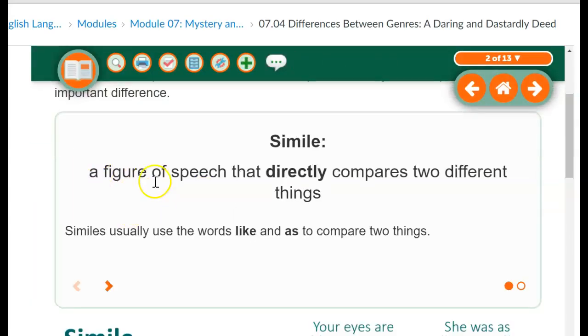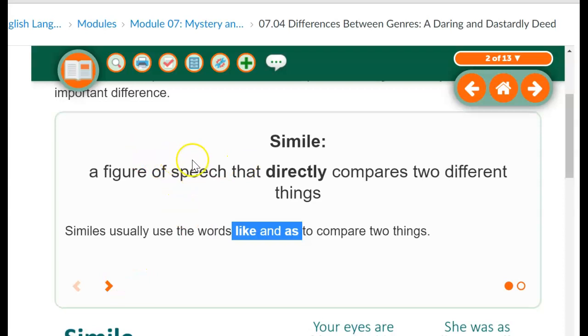So a simile is a figure of speech that directly compares two different things. And it uses like or as. You're usually not going to find like and as together, but it'll use like or as to compare two things.